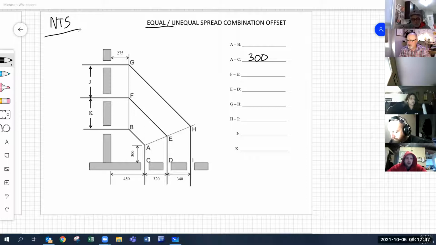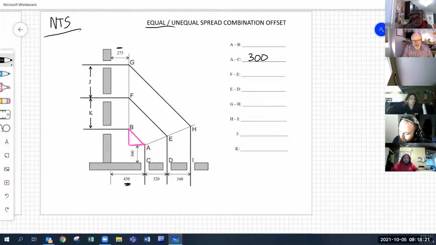So the first thing I'm going to do after that is I'm going to solve for B to A or A to B. And I'm going to draw a right angle triangle right in here. See my right angle triangle right in there? So I want to get my measurement of A to B. And so I need to look at a couple of things. I can see down at the bottom I have 450, and at the top I have 275.